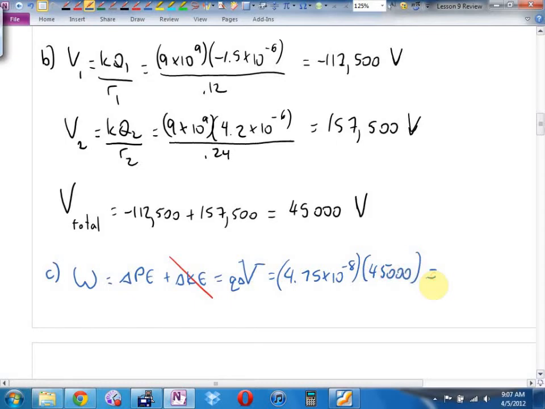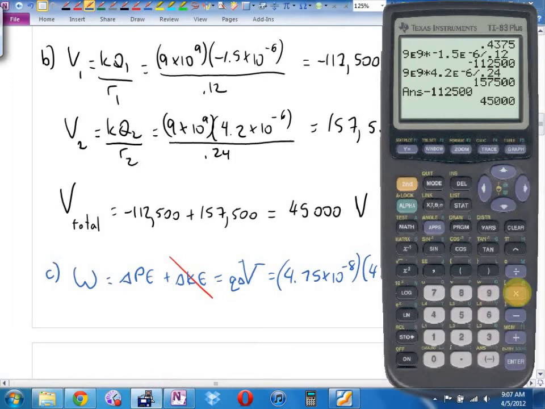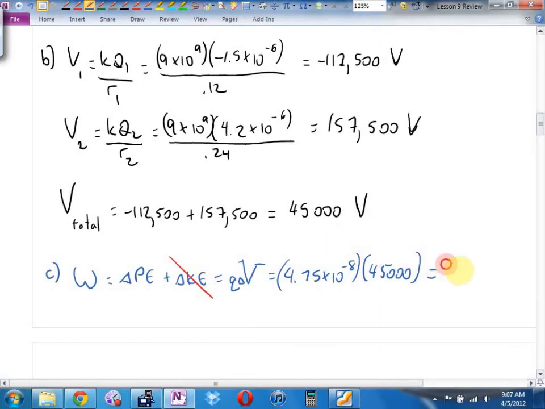This gives us a nice little shortcut. Instead of having to do a bunch of potential energies and then add them together and then go change in potential, I got the voltage. I already did most of the work. It's going to be this times 4.75 times 10 to the negative 8. How much work? Let's see, 2.14 times 10 to the negative 3 joules.